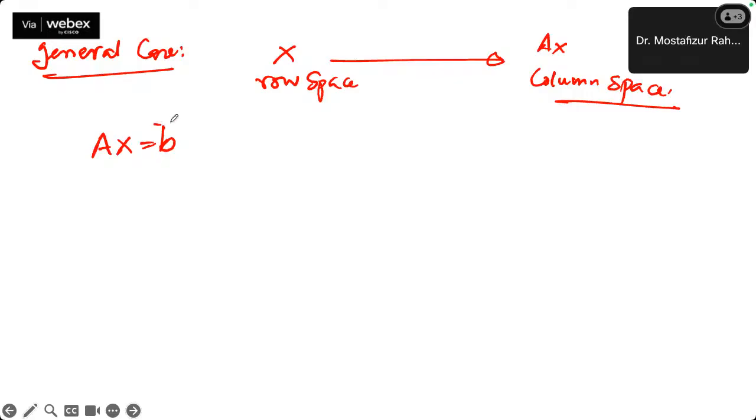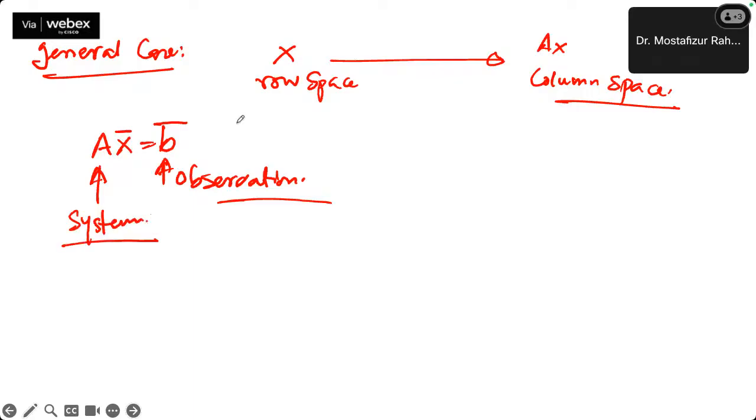What I actually get from the observation in the experiment is b. This is my observation vector, right? And I have some knowledge about the system A. X I have to compute; I don't know it.